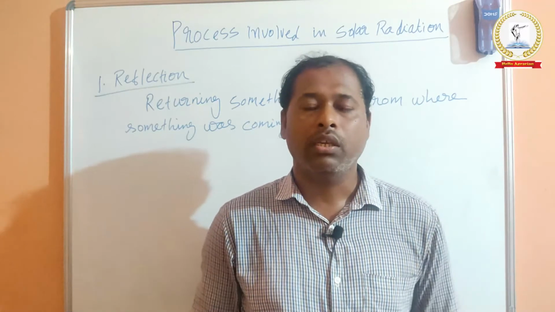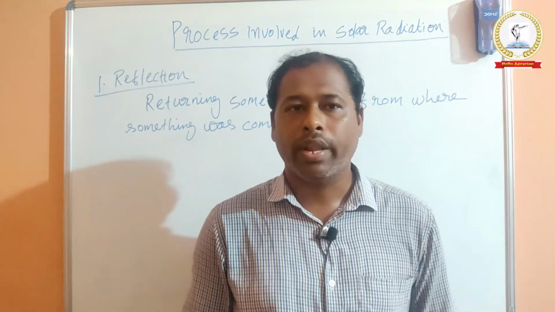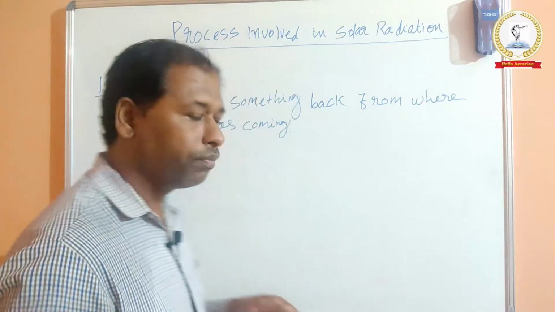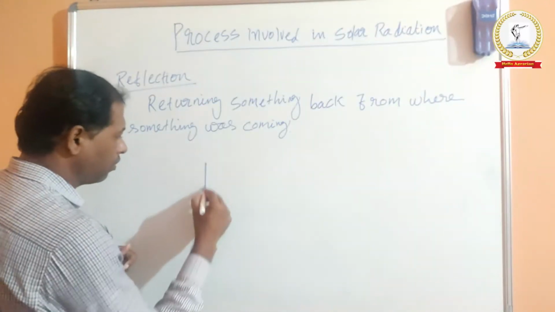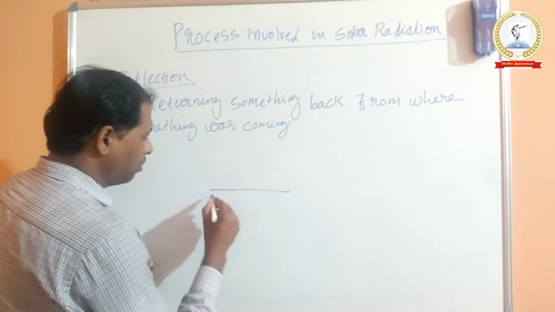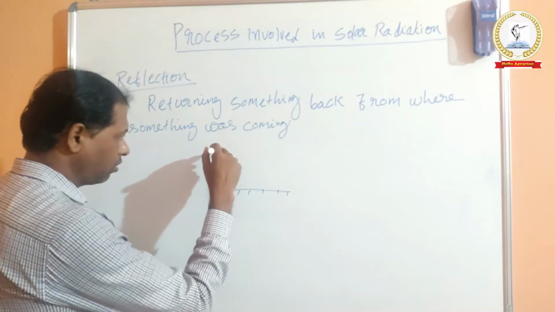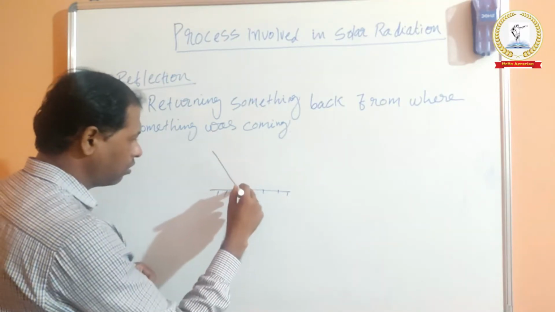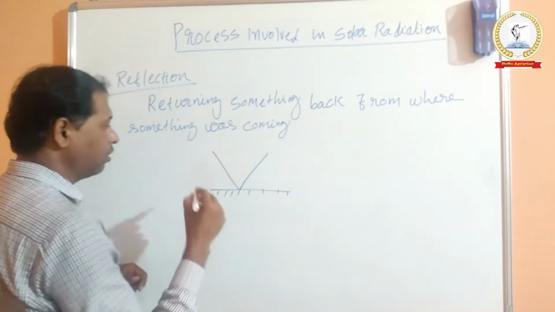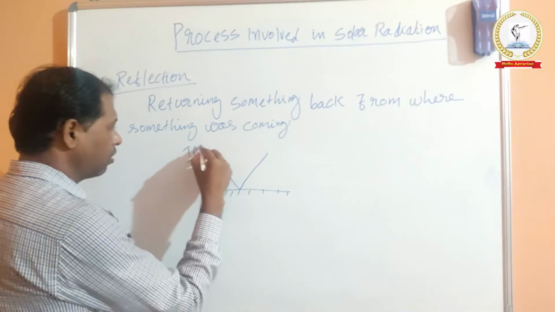Similarly, as you bring a mirror to the sunlight, a bright beam of light is thrown away from the mirror. For example, suppose this is the mirror, and when the sunlight passes at this angle, it reflects back.